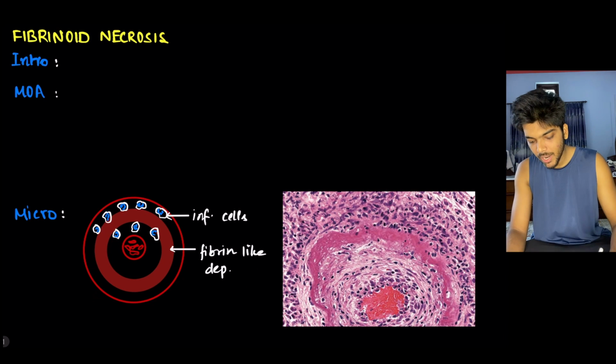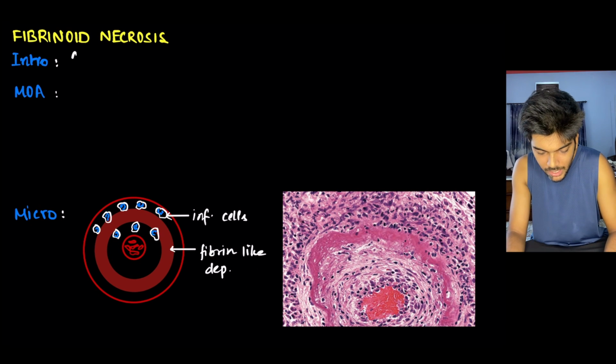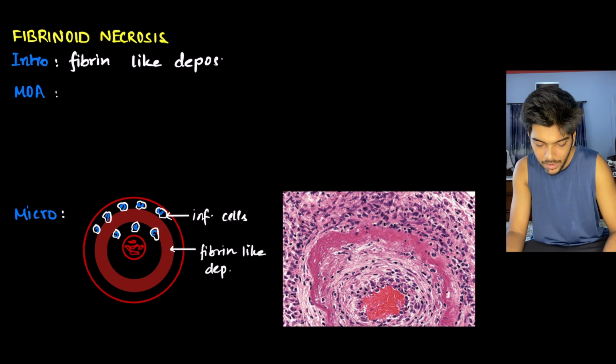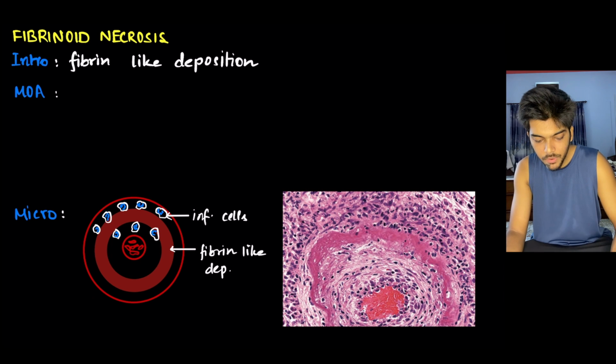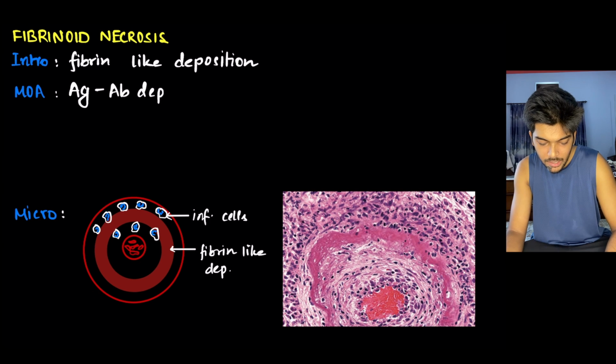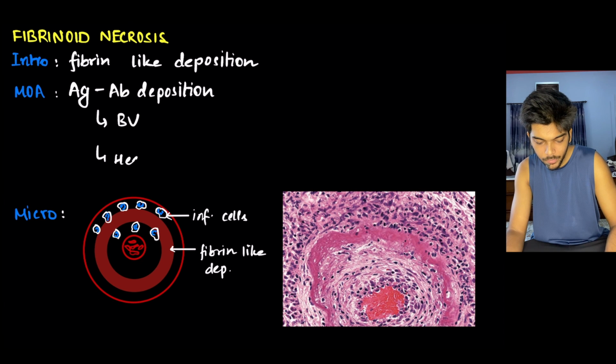Next is fibrinoid necrosis. It is associated with fibrin-like deposition. Fibrinoid means fibrin-like. Mechanism of action: there is deposition of antigen-antibody complex in CVS. That is your blood vessel and your heart.